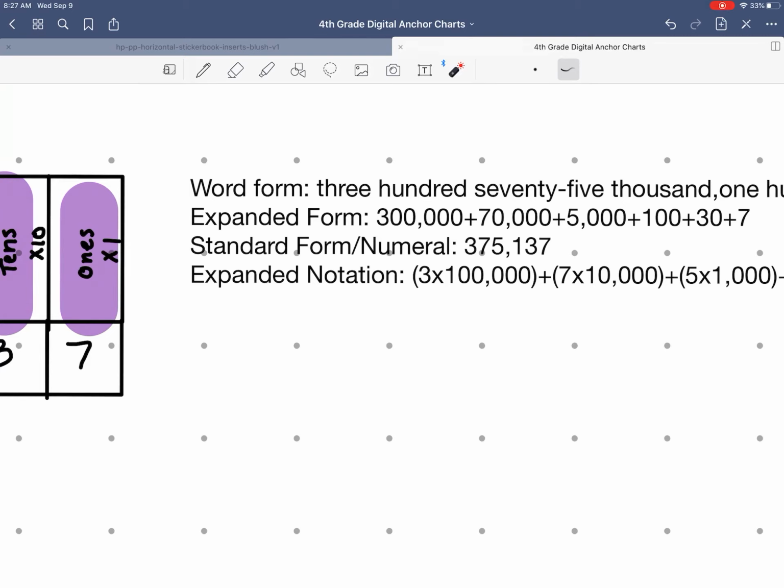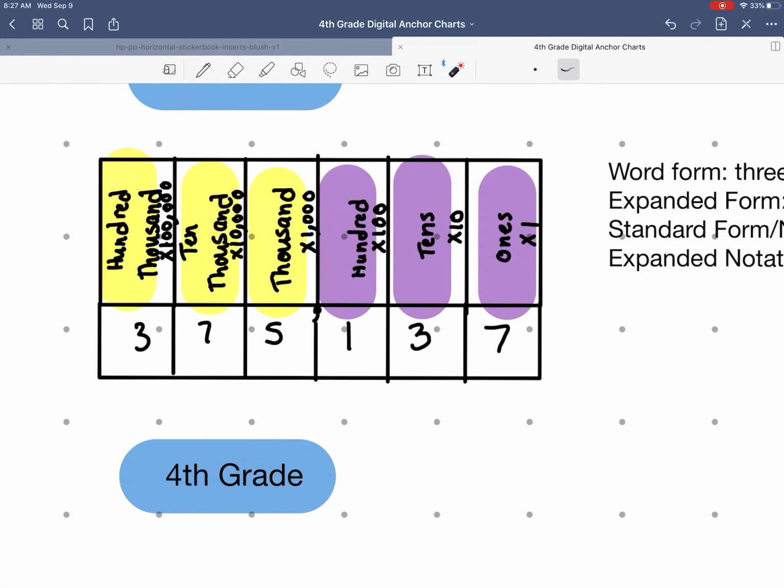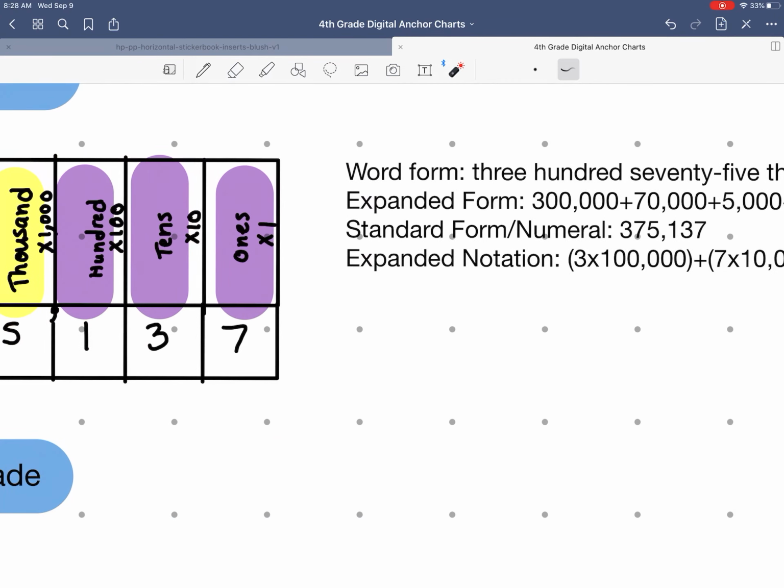Now, expanded notation is a different way to write expanded form. Basically, what you have to do is multiply the digit by its value. That's why it's very important that you write the value in numbers for each one. So what you're going to do is multiply the digit times the value. So it'll be 3 times 100,000. You can see it right there.